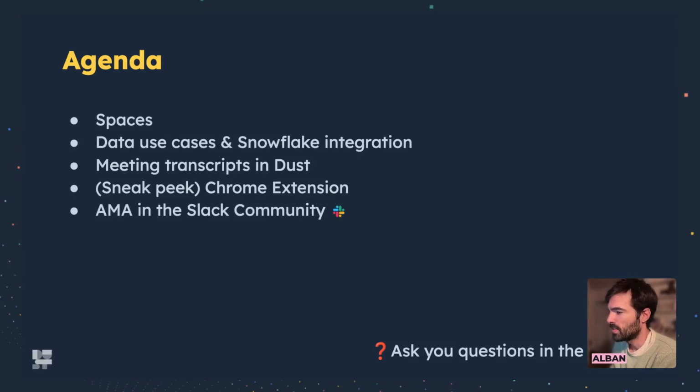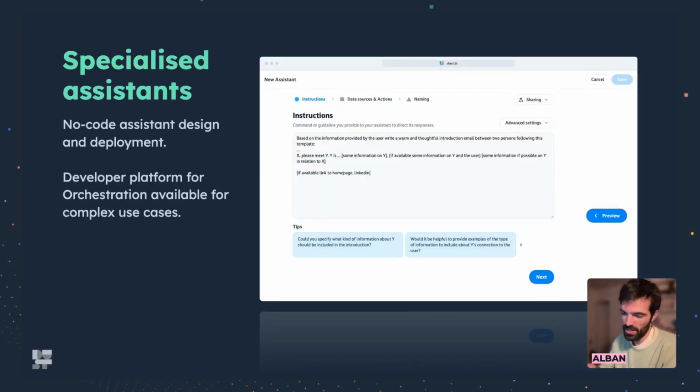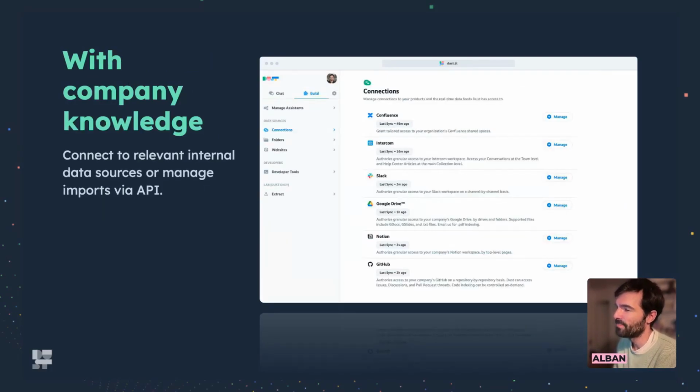All right, so basically the audience here should be builders, so you might know what Dust is about, but I have a few slides just to explain again what we're doing. So we're helping build specialized assistants in a no-code fashion. Assistants are a set of instructions that are attached to company knowledge.